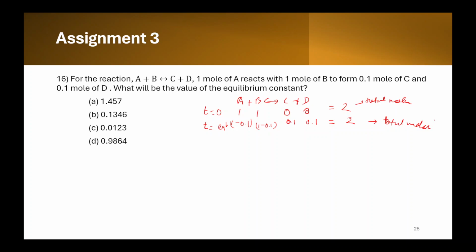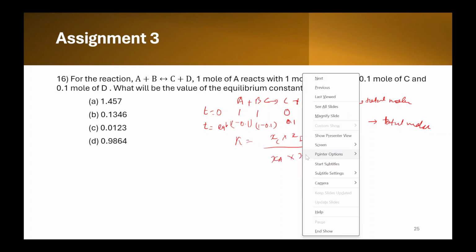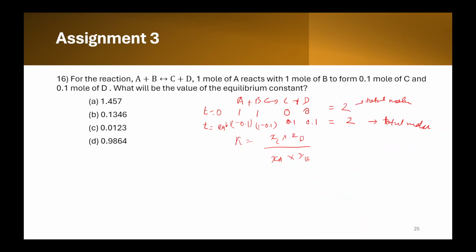Okay. Now we need to compute the equilibrium constant. So that will be the mole fraction of C into mole fraction of D upon mole fraction of A into mole fraction of B. So how do you get x of C?